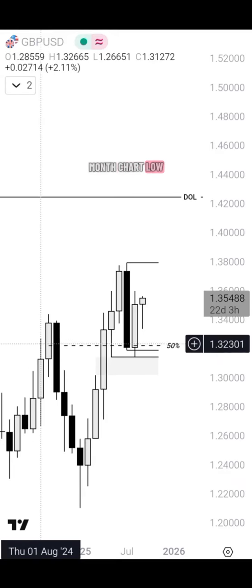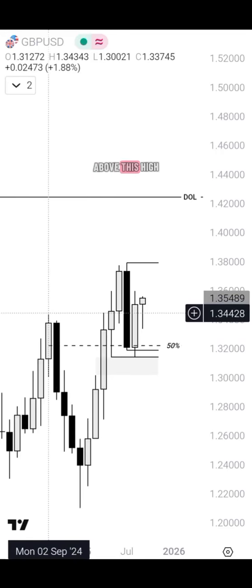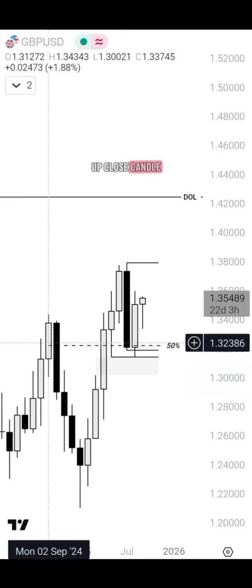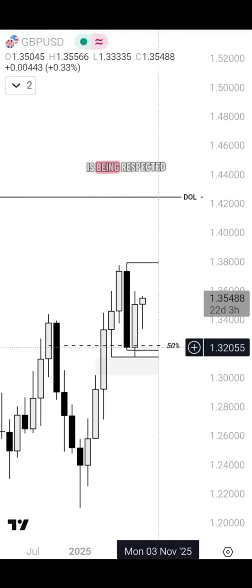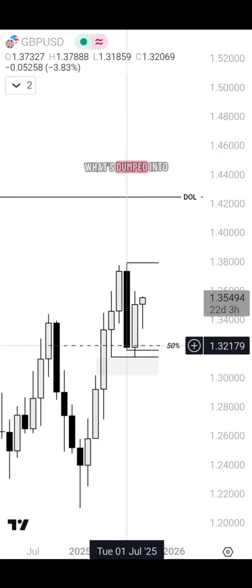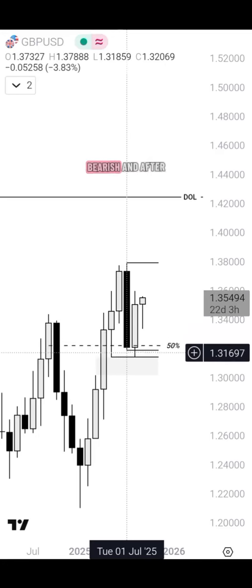Low, high, lower low, higher high. Price came and closed above this high that took these lows. So this particular up close candle is the breaker, and the 50% of the breaker is being respected here. You can see how July dumped into the breaker, tricking everybody that price is bearish.